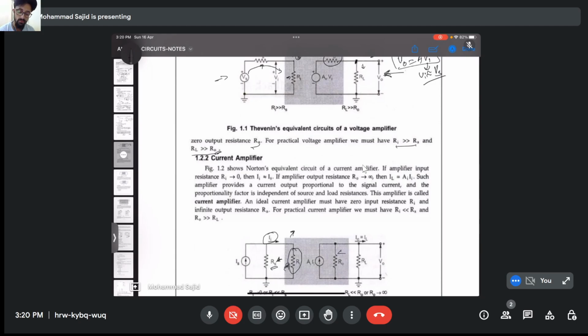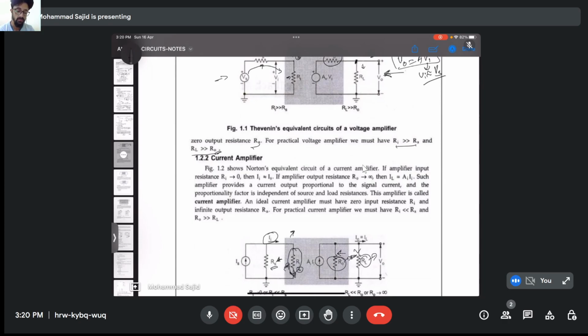Similarly, at the output, R naught should be very, very large than RL, right? Now, if R naught is, let's say, infinite, and Ri is zero, the whole current will flow through this branch. That is the ideal case, and that's what the current amplifier is.